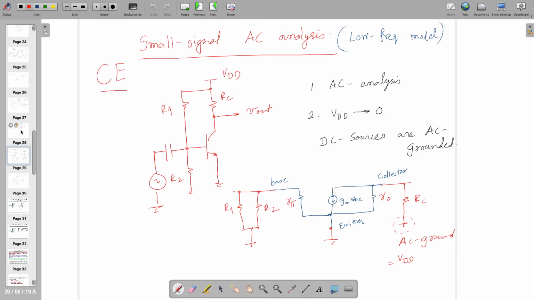Why is it common emitter? Actually, the collector is also connected here to ground. If you look at this, it's also AC ground. You might be correct. I'm just asking how you find out whether it's common emitter, common base, or common collector.